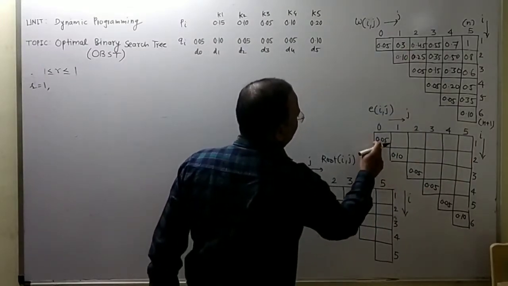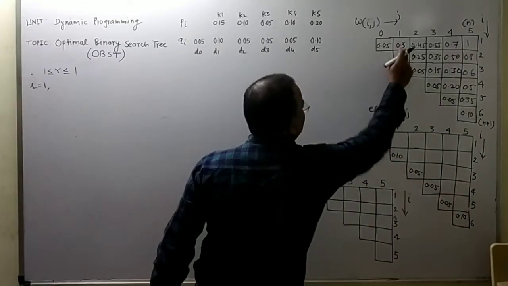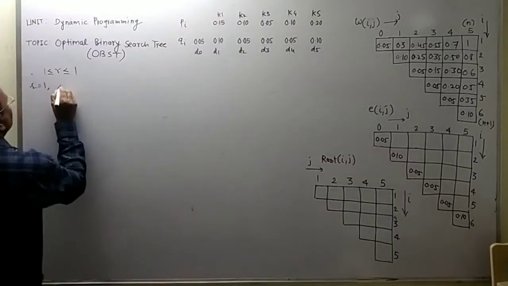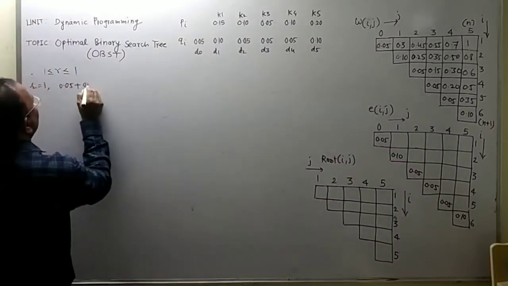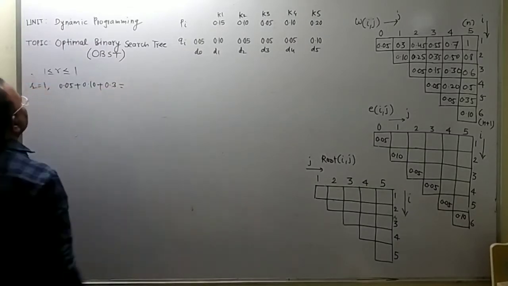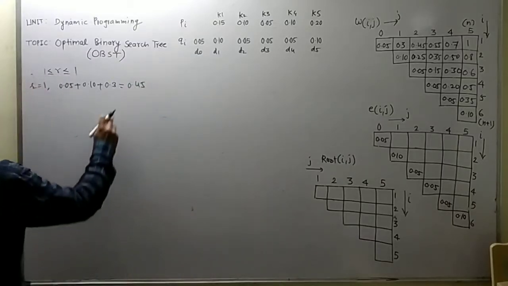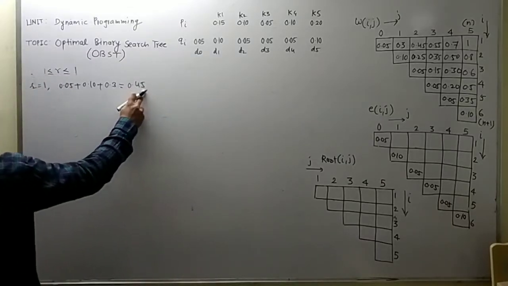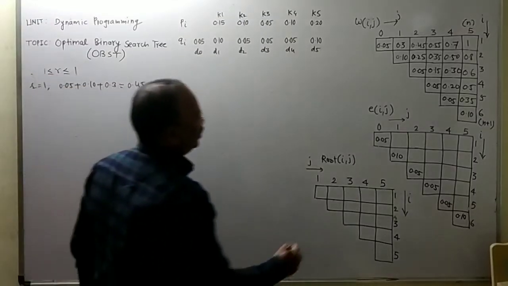It means 0.05 plus 0.10 plus 0.3 is equal to 0.45. So write 0.45 for I is equal to 1 and J is equal to 1 cell.